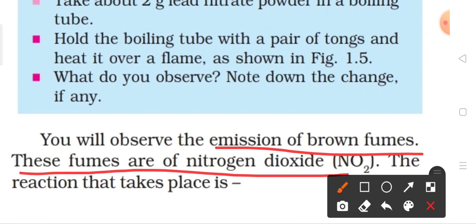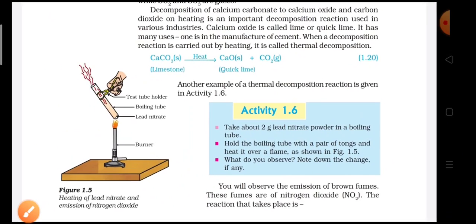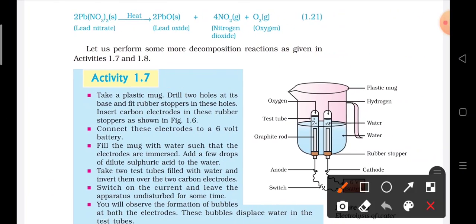These brown fumes are of nitrogen dioxide. In some books you will find brown fumes, and in some books it is written reddish brown gas. So lead nitrate, when heated, forms lead oxide, nitrogen dioxide, and oxygen. This is also a decomposition reaction because of the heat.